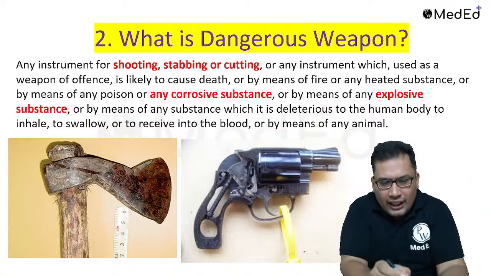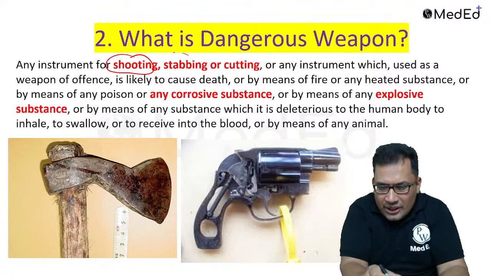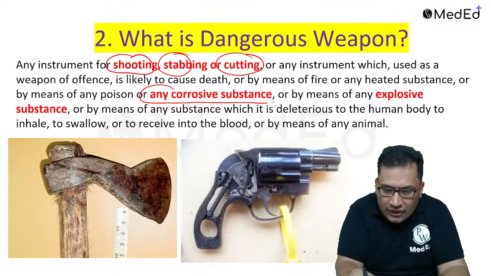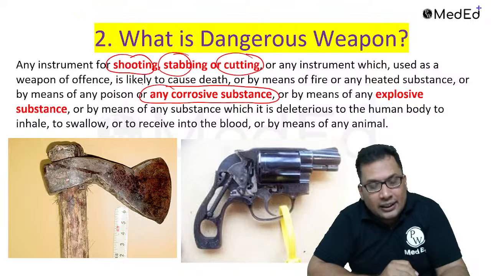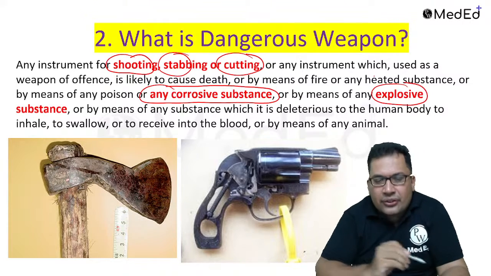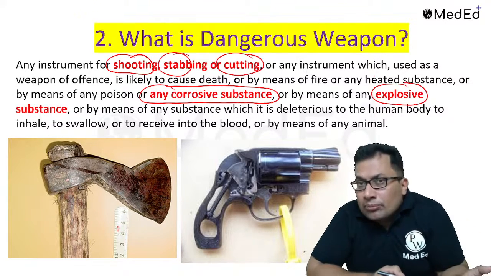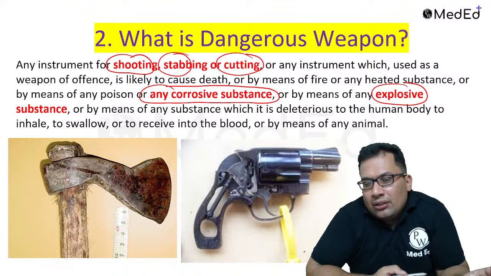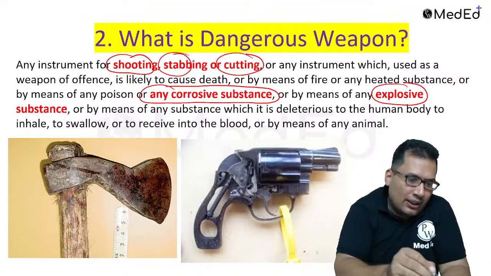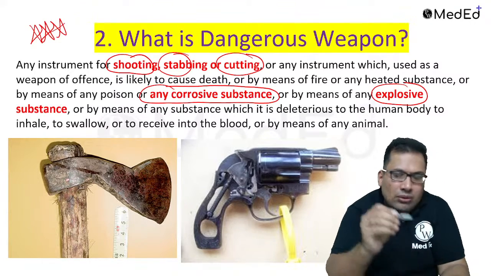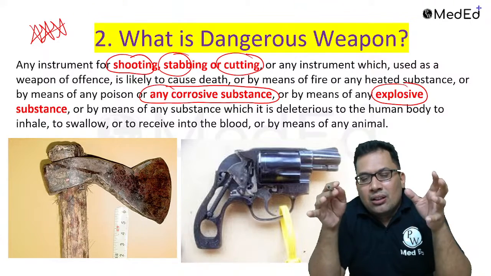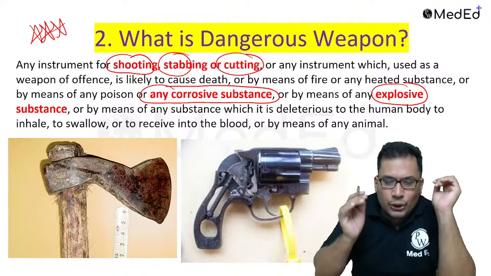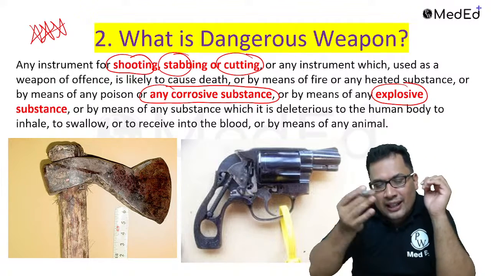You can see here, any weapon that is used in shooting, stabbing or cutting or any corrosive substance, like for example H2SO4, acid, or any explosive substance or the snake venom, a venom of the animals, so that can be dangerous weapon. This can be asked in your exam. So question can be asked, what do you mean by dangerous weapon? The answer should be like this: shooting, stabbing, cutting, corrosive substance, explosive substance, or the venom.